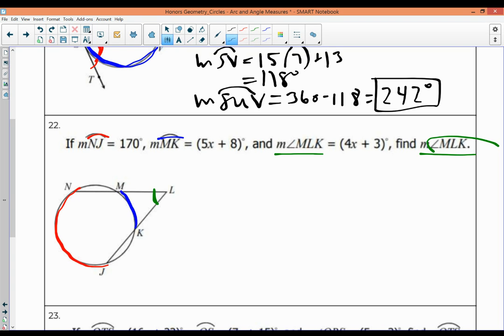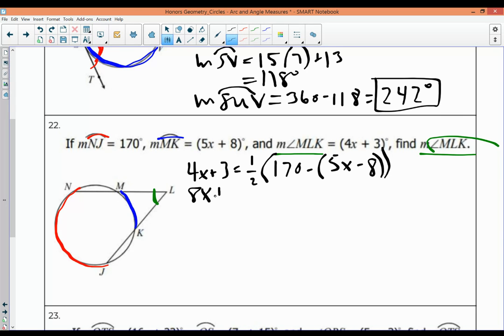Great. So the angle measure is half the difference of the big arc, 170, minus the smaller arc. I'm going to put that in parentheses because we have to make sure that we're distributing the subtraction. Multiply both sides by 2. 8x plus 6 equals 170 minus 5x. There was a plus 8 here. I'm sorry.